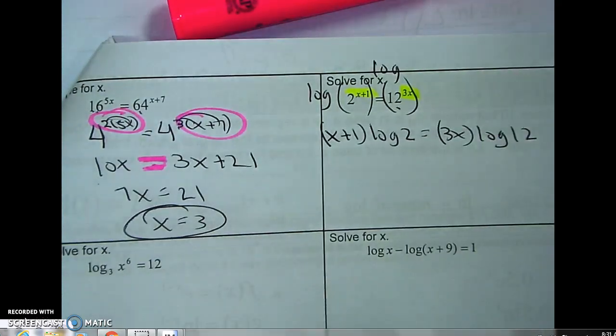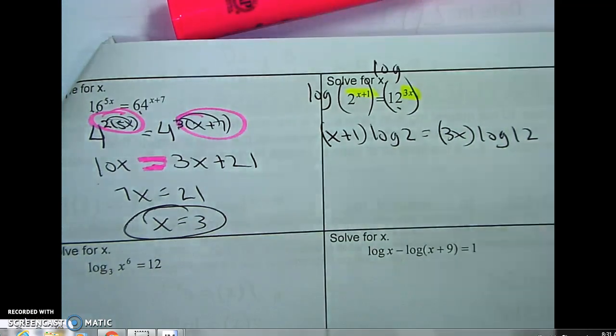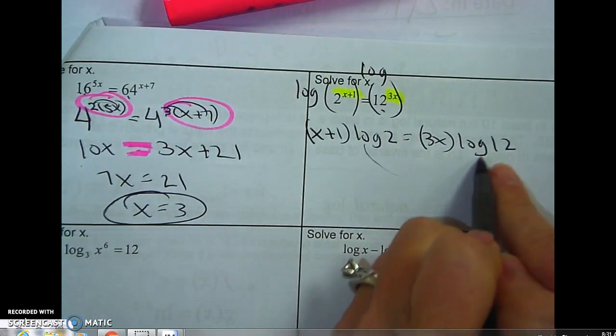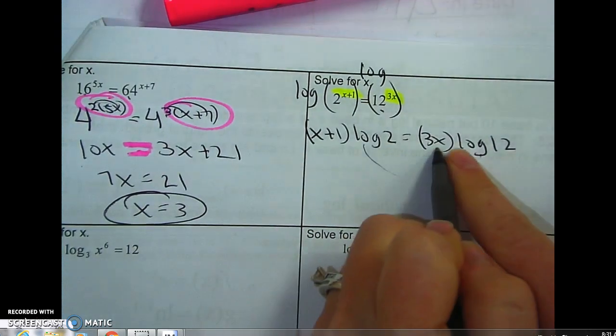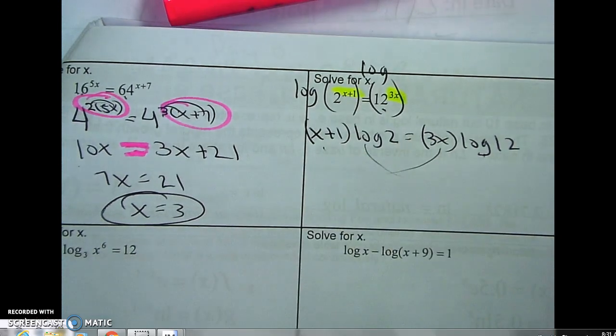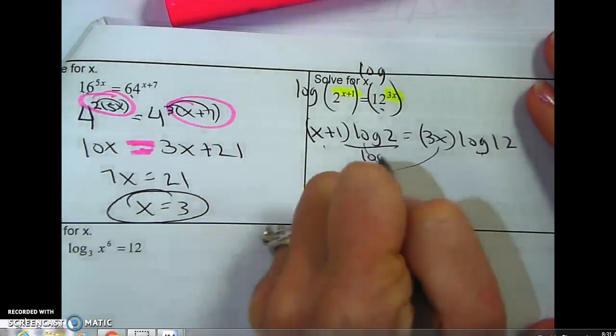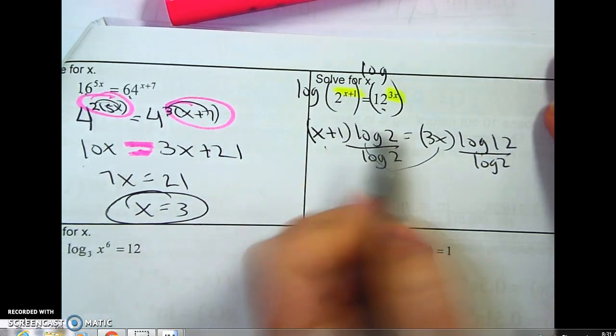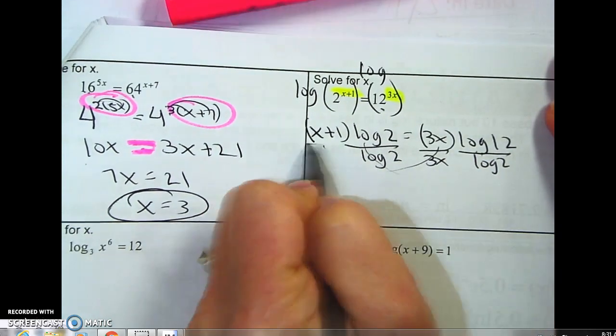Okay? So the problem is, in this case, I have logs on both sides. So what I'm going to do is move this log over here, and then move this over here to get the x's together. So I'm going to divide by log 2. Okay? And then I'm going to divide by 3x.